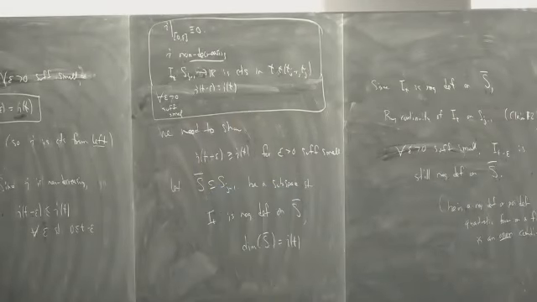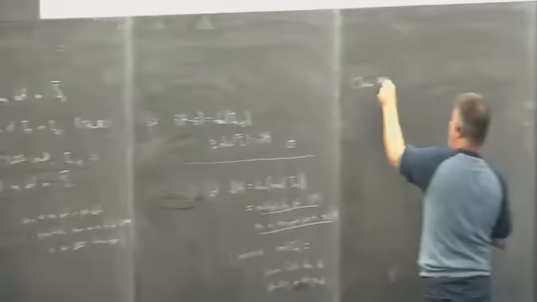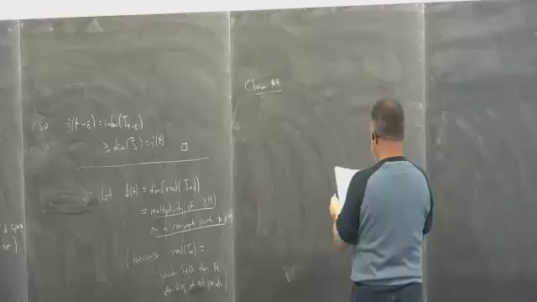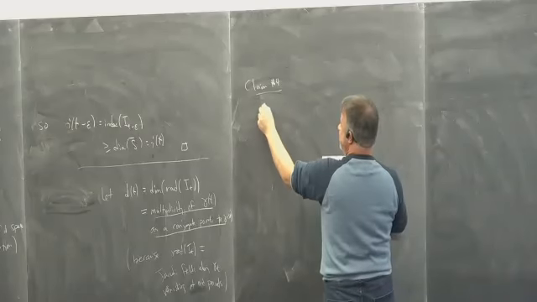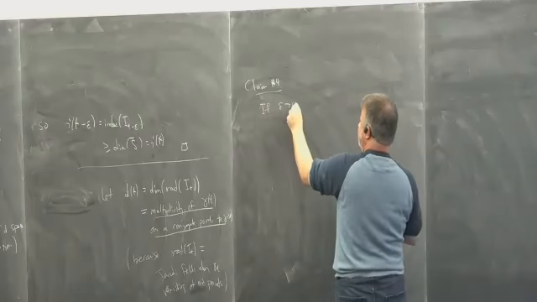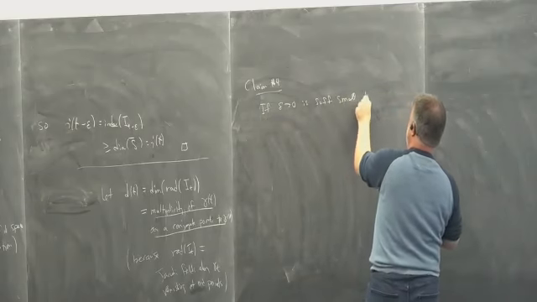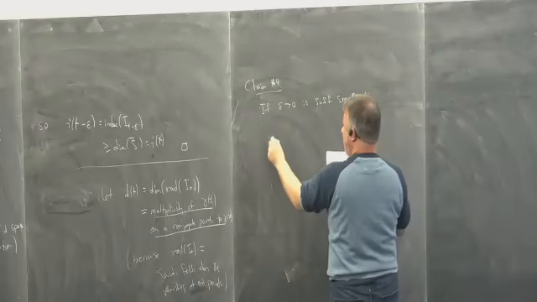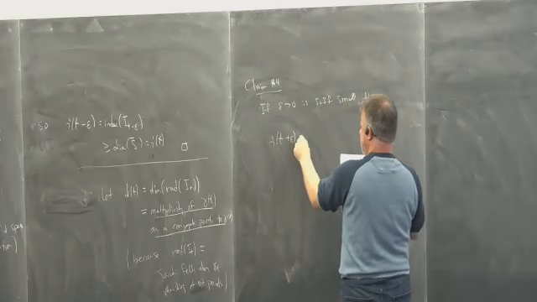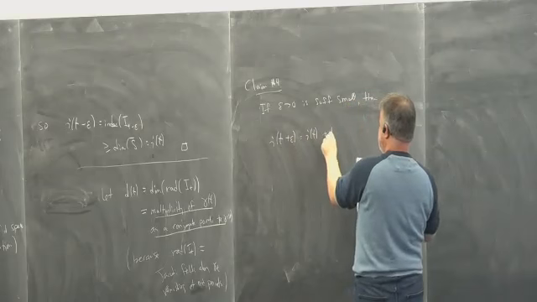Thank you. Okay, so now we're ready for claim number 4, which is the interesting geometry. I've defined d of t. Claim number 4 says if epsilon is sufficiently small, then I of t plus epsilon equals I of t plus d of t.